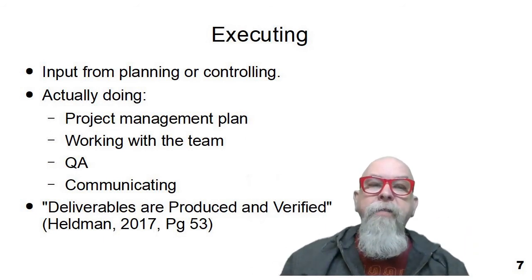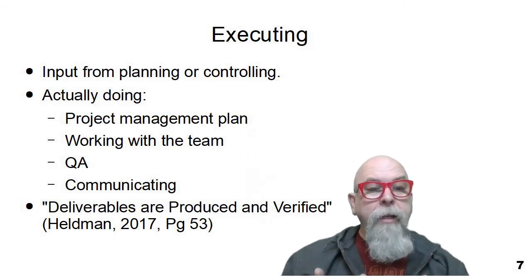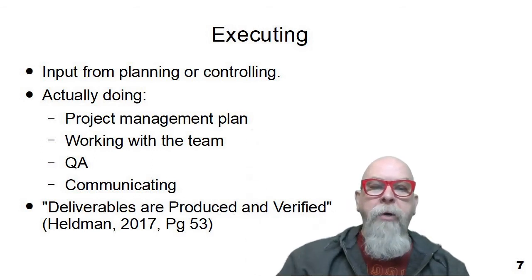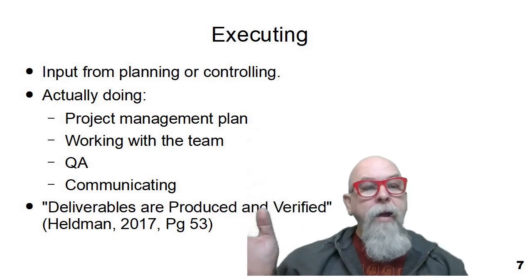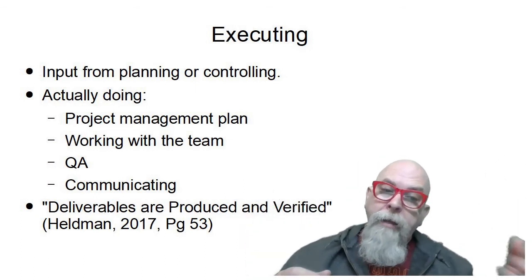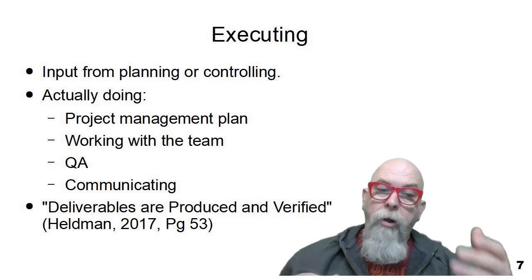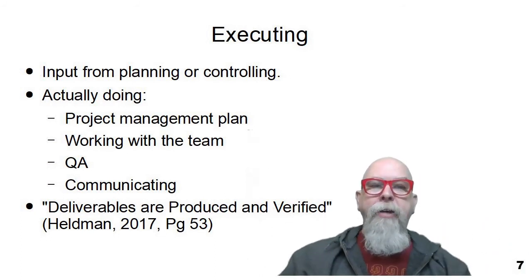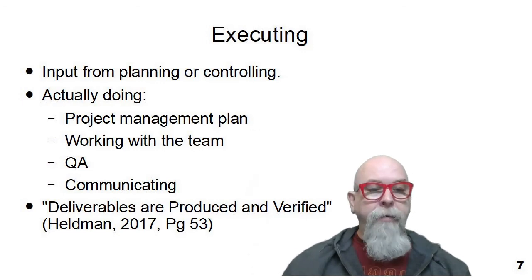The executing phase is when we actually create the deliverables. The deliverables are produced and verified, according to the Heldman book on page 53. So we take the inputs from planning, or the inputs from controlling that loop back, as we control to actually do the project, to actually make the product or endeavor that the project is all about.